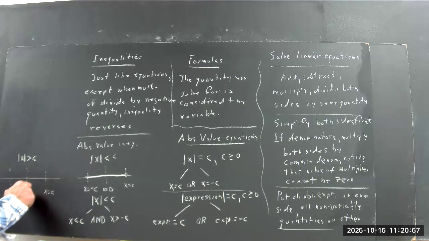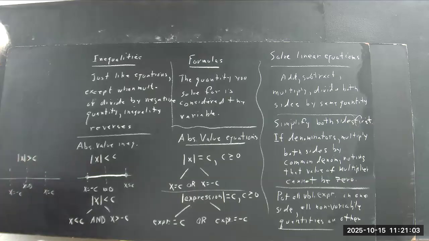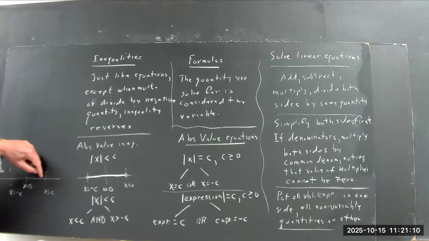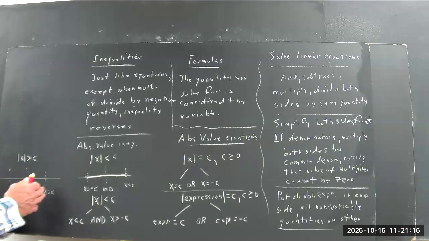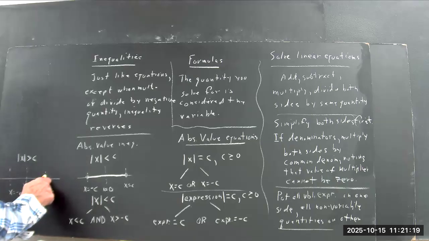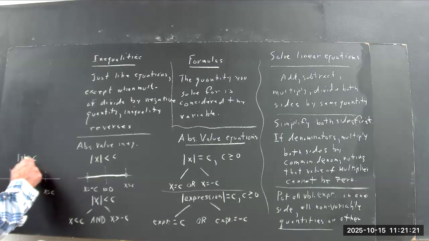We need to throw x equals 0 in here. But the absolute value of x has to be greater than C. That's not true between here and here, because between negative C and C, the absolute value of x is less than C. Anywhere outside this interval, not including, I'm going to do greater than or equal, okay?